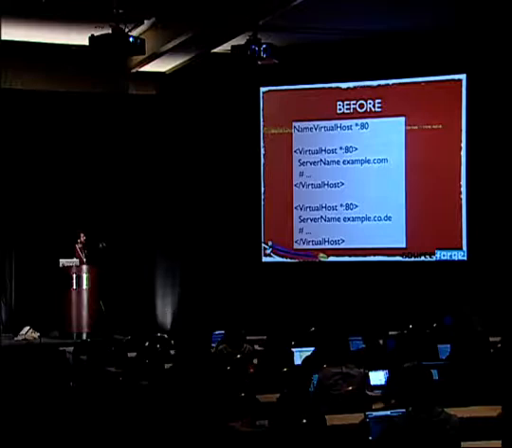You have a name virtual host directive, which says this interface, *:80, which means all IP addresses, port 80, requests over that interface should be treated as virtual host requests, and here are the virtual hosts that are configured for that interface.